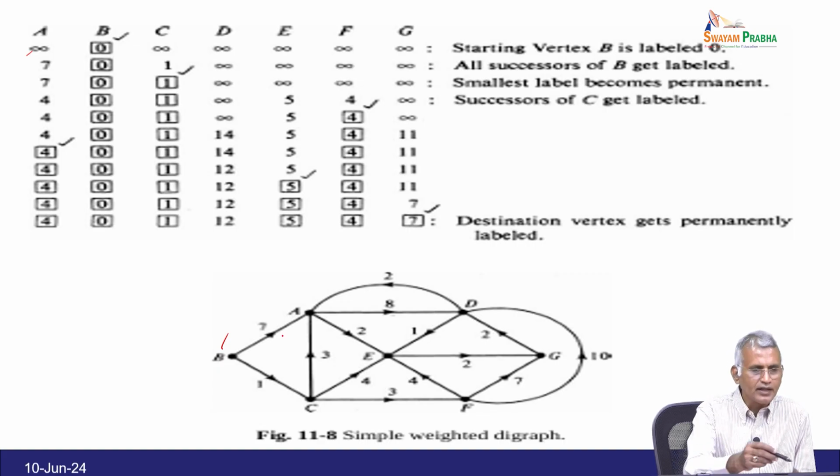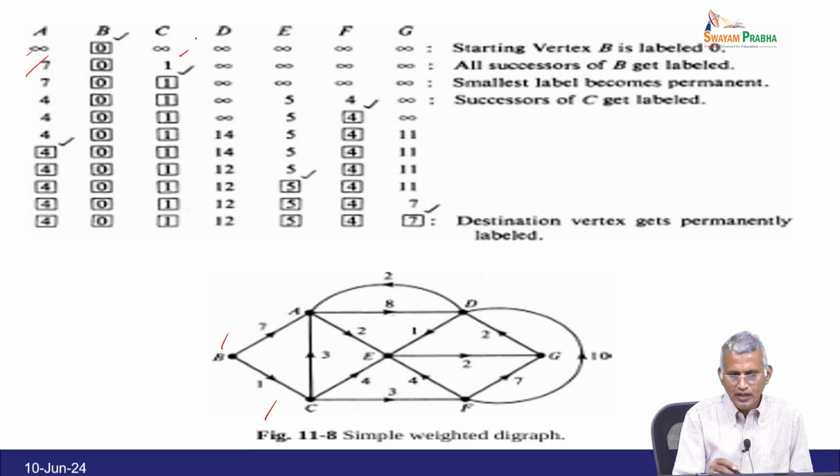Now you start with B to A. B to A there is a connection of 7, and B is already chosen, therefore that column is 0. B to C is 1, therefore 1 here, and B to D there is no connection, therefore infinity, and the rest of them have no connection, so infinity.